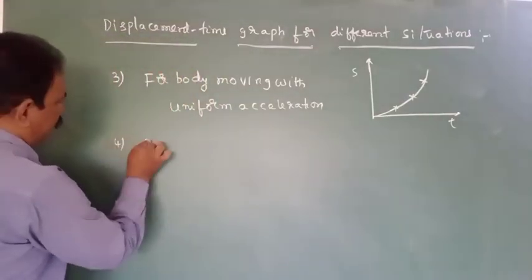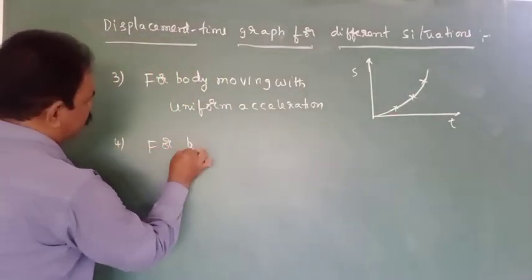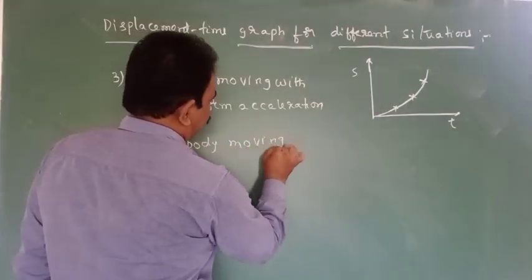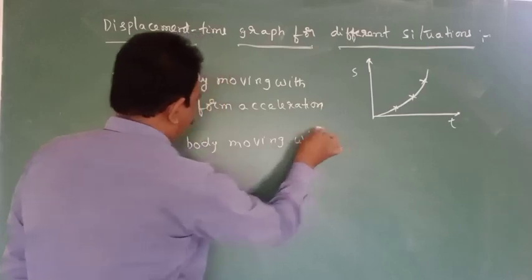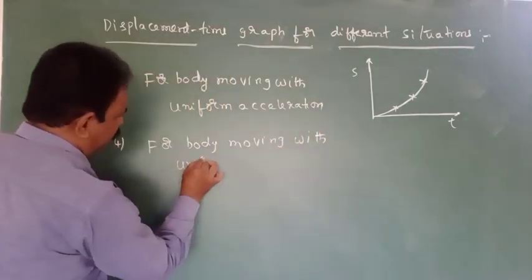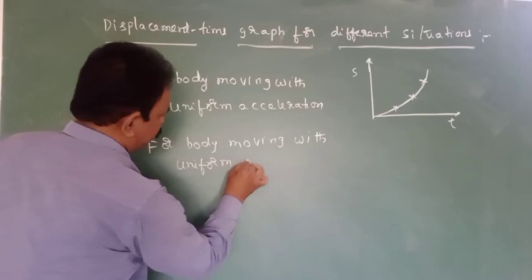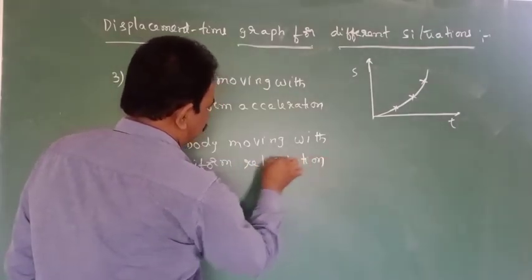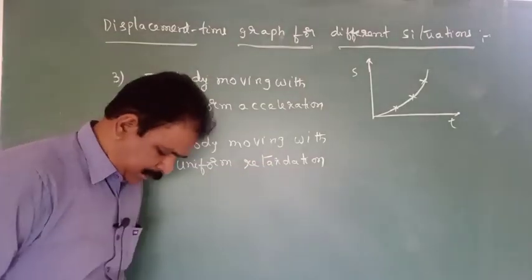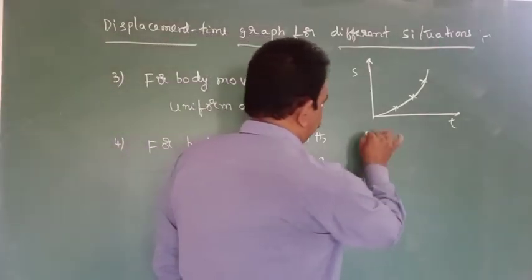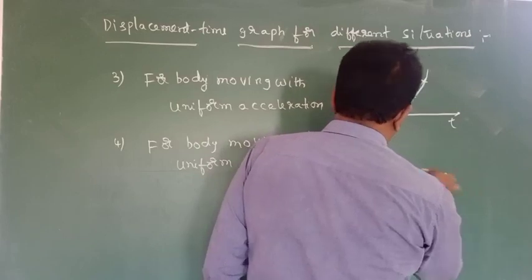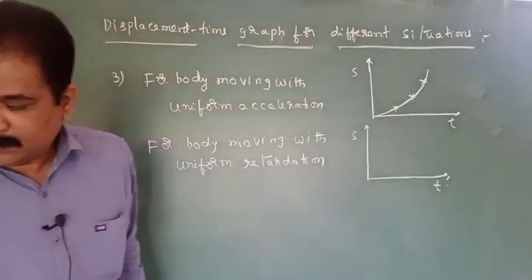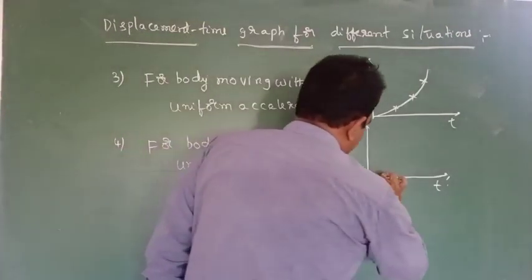For a body moving with uniform retardation, the shape of the displacement time graph will be in this manner.